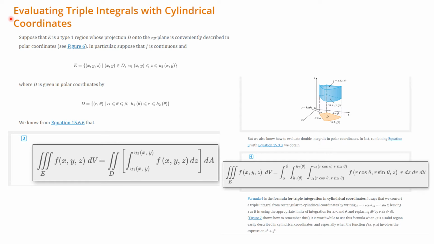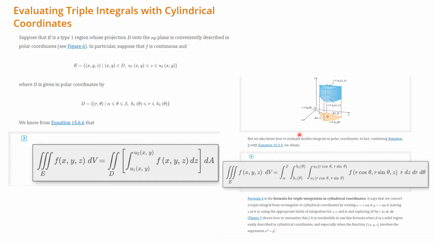So let's evaluate a triple integral with cylindrical coordinates. Suppose that E is a type 1 region, and here is E, shown in blue, whose projection D onto the xy plane is very convenient to describe in terms of polar coordinates, and probably awkward to do otherwise.